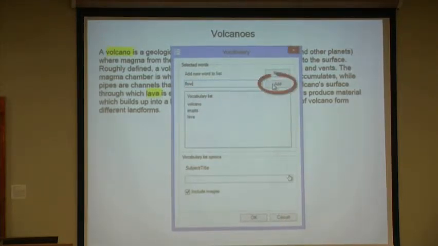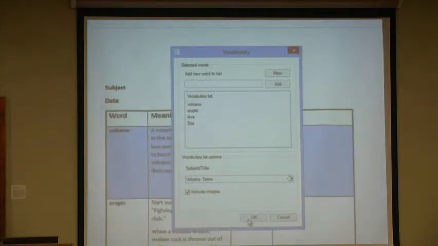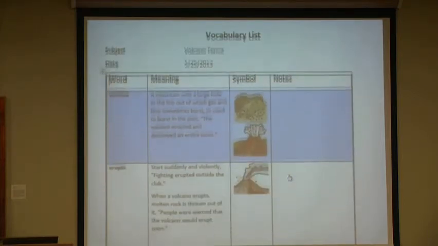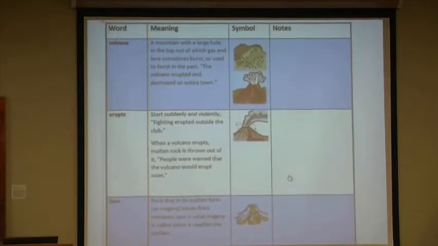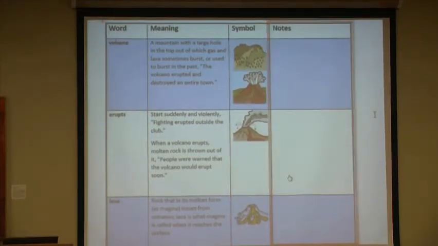You can add further words if you wish. Give them a subject or a title. Make sure Include Images is checked on if you want pictures to be displayed. Now, when you click OK, a document will automatically be created with your vocabulary list, which includes the word, its meaning, a symbol, and a note section.